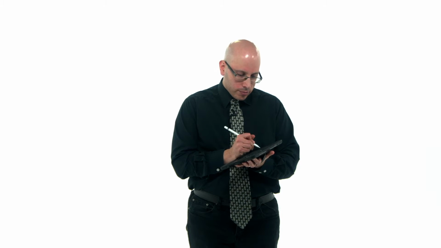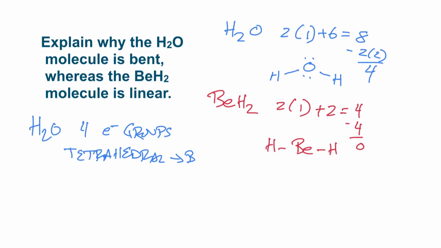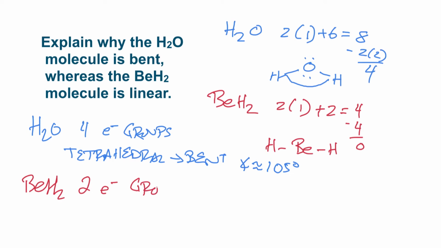Because if I look at H2O, I have a total of 4 electron groups. 2 bonded pairs and 2 non-bonded pairs, which means that it's going to be in the tetrahedral family, but actually going to be a bent geometry, so that the angles between the atoms are going to be approximately 105 degrees.